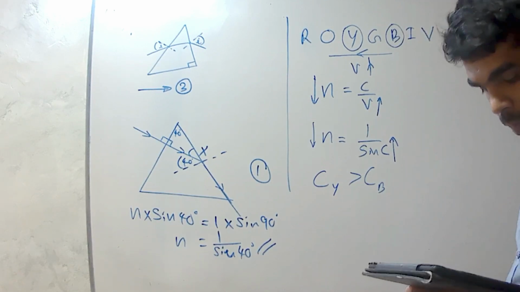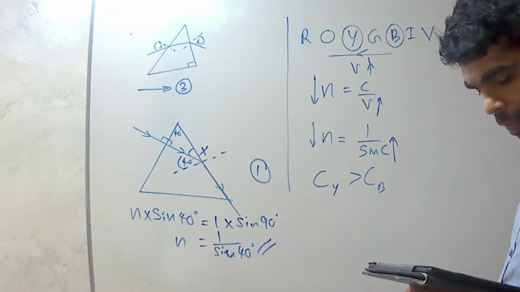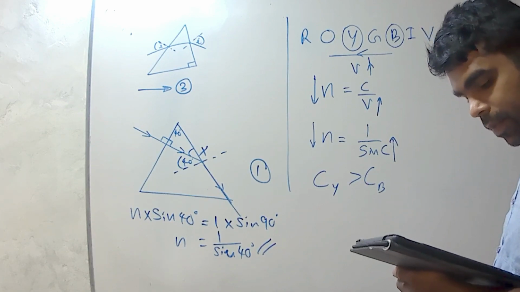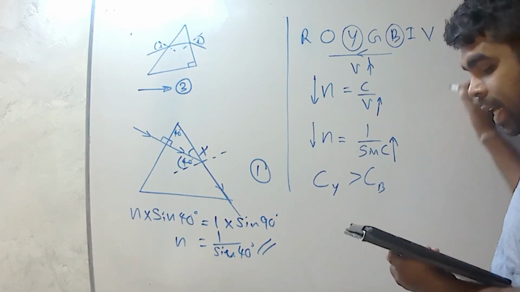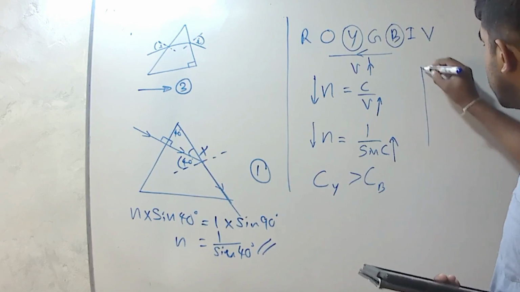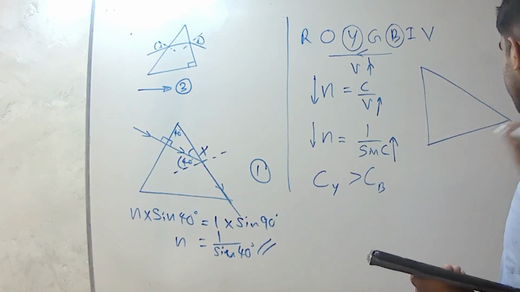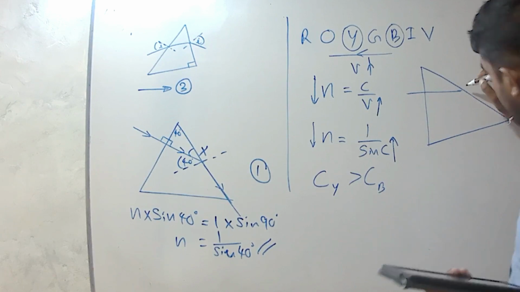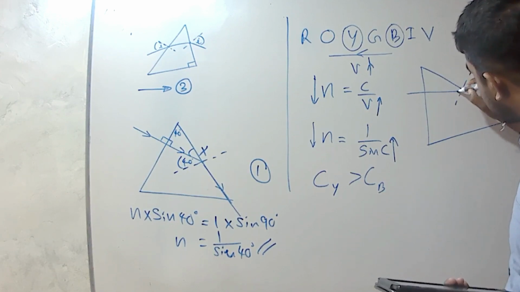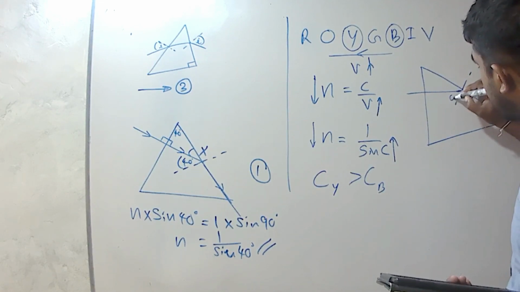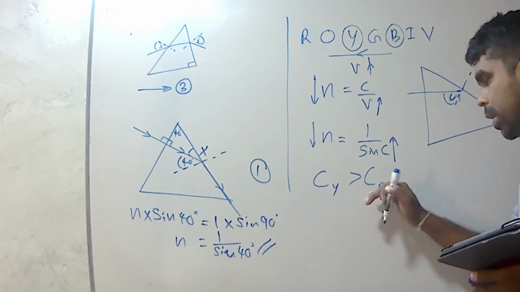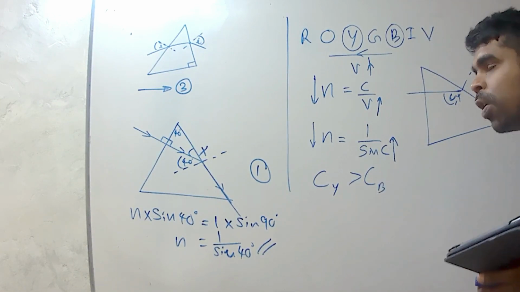Therefore, if the incident ray is at the critical angle relative to yellow color, it is like this. This one is the critical angle of yellow color. Now, critical angle of blue color is a small value.